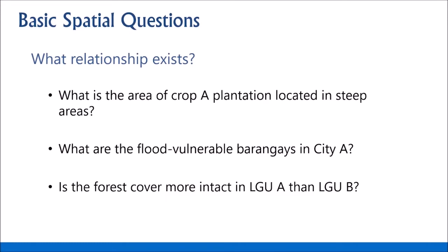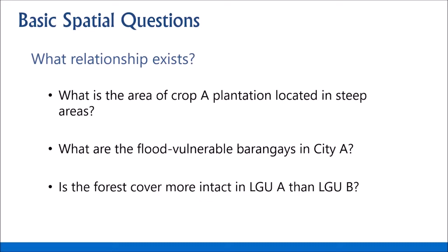So in this question, you need to have first two types of data sets. The first is type of crops, and the second is slope data. Now, before intersecting these two data sets, you need to define first steep slope.